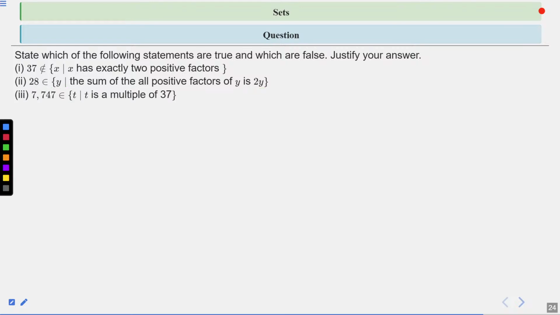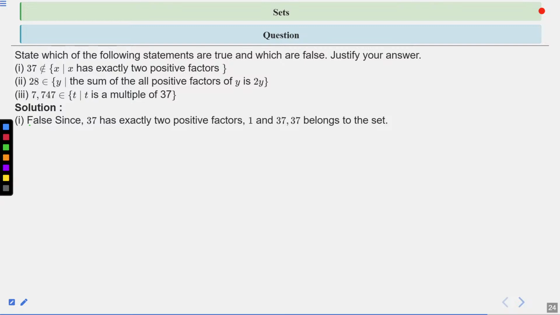Third, 7747. This number belongs to the set defined as the collection of all t such that t is a multiple of 37. Now, the first statement is false. Why?